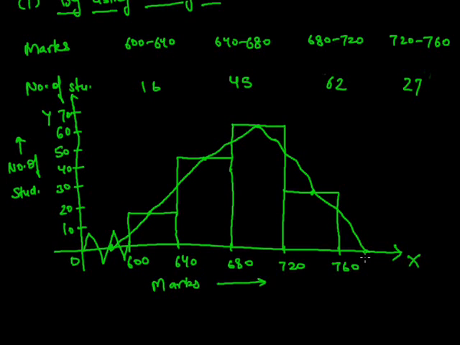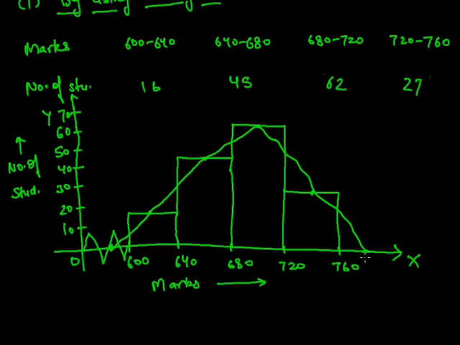So in this way we need to make the frequency polygon curve: we take the midpoints of the class intervals, plot all those midpoints against the number of students, and then join all those points to make the frequency polygon curve.